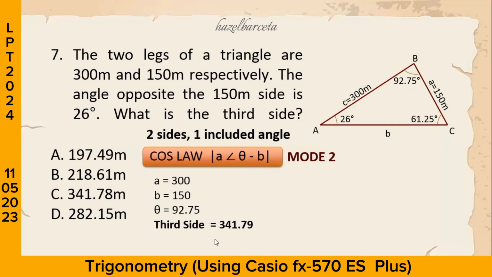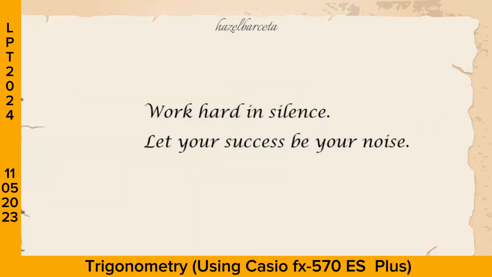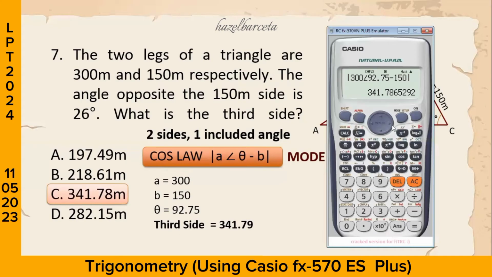Okay. So, this is our third side. Kapag ginamit po natin itong cosine law, ang masasolve po natin ay ang ating third side since the two sides are given. Okay? So, the answer is letter C. We will still try kapag binaliktad po natin.